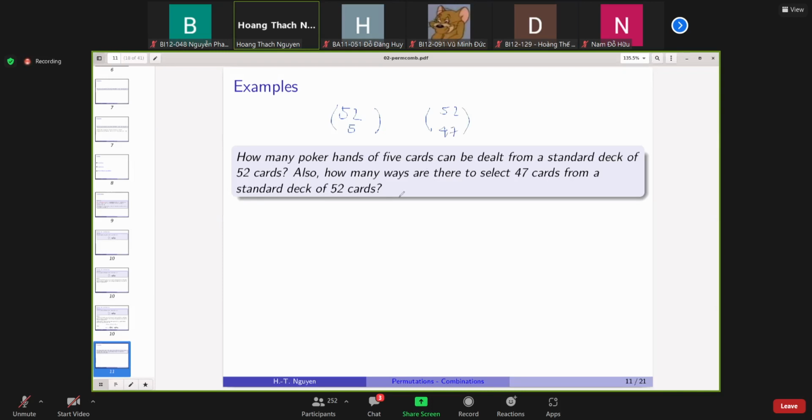Choosing 5 cards from the standard deck is equivalent to choosing the 47 cards for the rest. Do you agree with me? So it's the same, right? The answer for the first question and the answer for the second question should be the same, right?